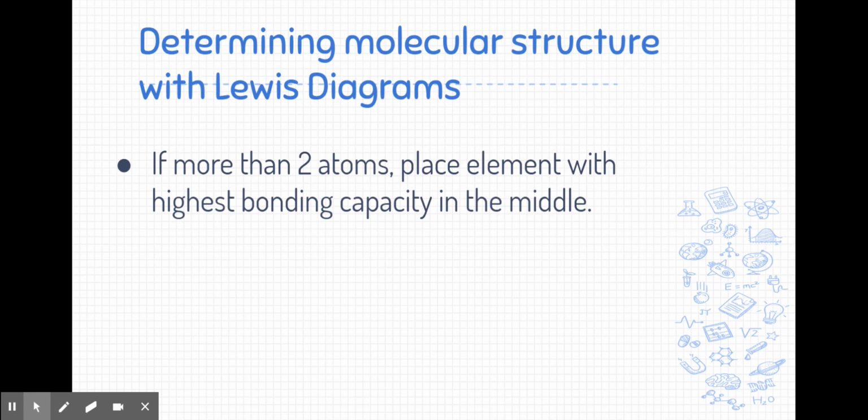If you have more than two, what you're going to do is take the element that has the highest bonding capacity. And remember, bonding capacity refers to the number of bonds that an atom needs to make in order to reach that s2p6 configuration. So you're going to place that atom in the middle.